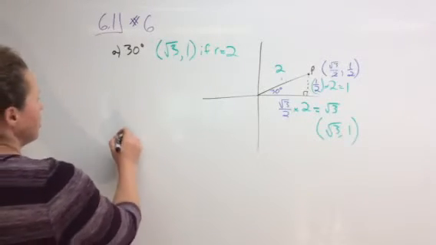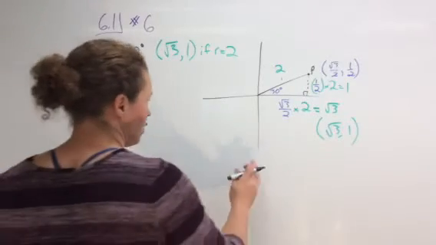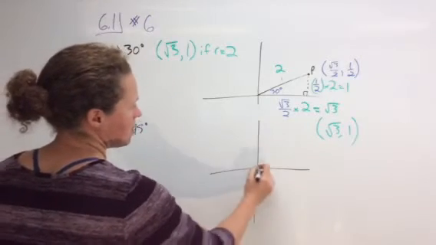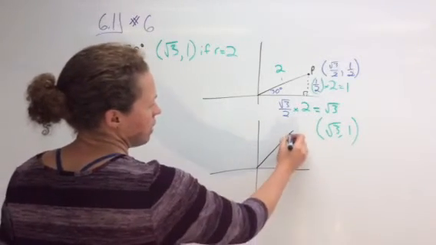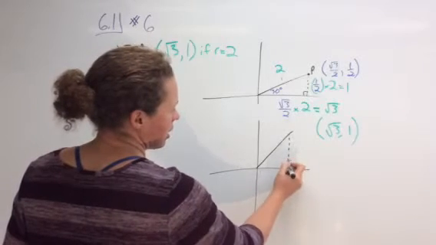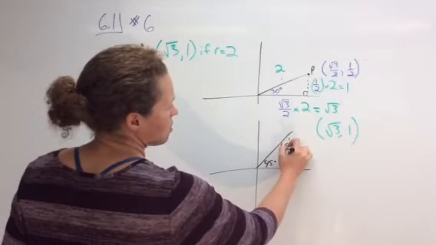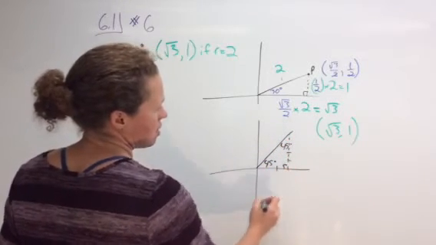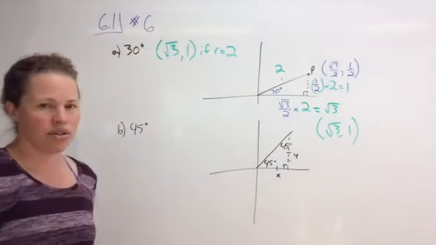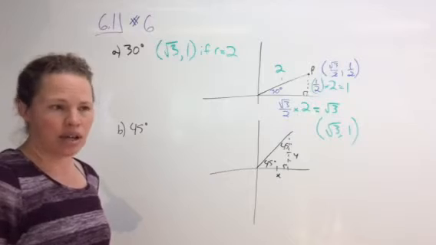So then they want you to use 45 degrees to do the same thing. And so I'm just going to shorten this up so I can draw the 45 degrees. If I have a 45-degree triangle, we would look at that and recognize that if this is 45 degrees, then this also is 45 degrees, which means that y and x are equal, and therefore I can choose any value in the world for x and y as long as they're equal.